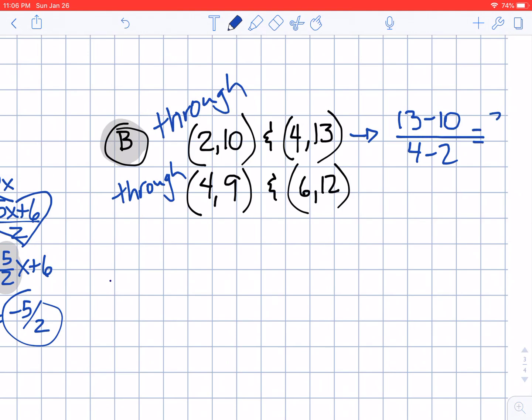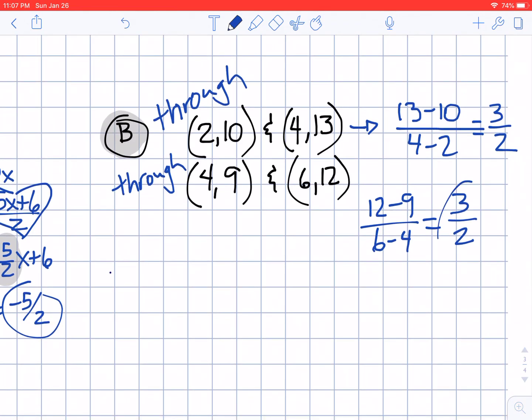And we get 3 over 2. Second equation, same thing. 12 minus 9, 6 minus 4. I get 3 over 2. These slopes are the same. So these slopes are equal, which means they are parallel lines.